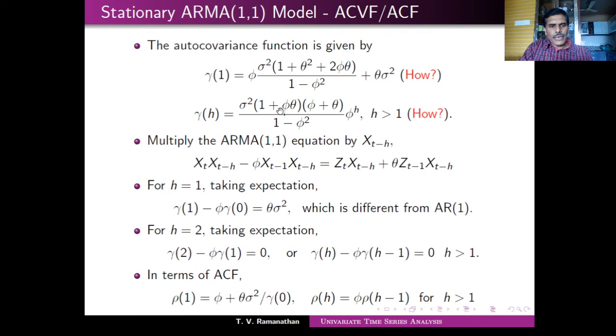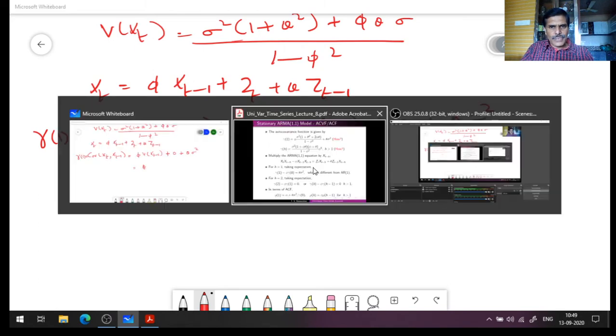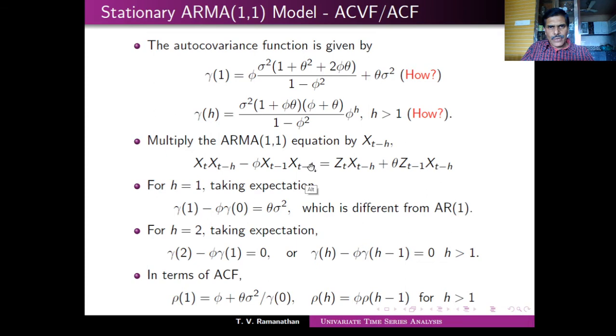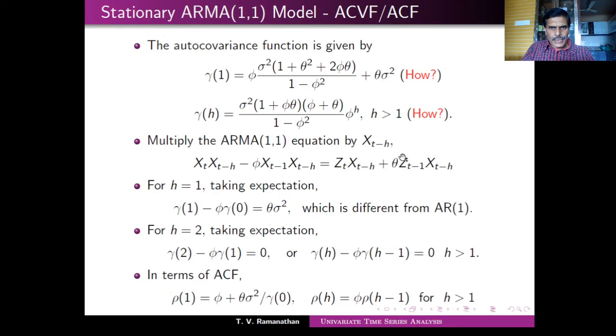That's your gamma 1, because this is the first order covariance. So this is basically phi into variance of this. What is variance of this? Sigma square into 1 plus theta square plus 2 phi theta, right? 2 phi theta.